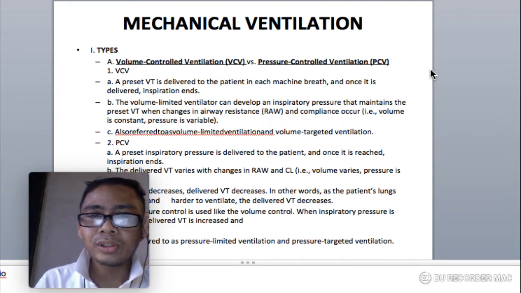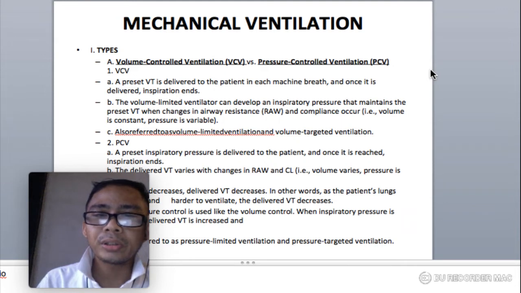By definition, volume controlled ventilation, VCV, has a preset tidal volume. VT stands for tidal volume, so the tidal volume is consistent, preset or controlled. Whereas in PCV or pressure control, the pressure is controlled or preset.